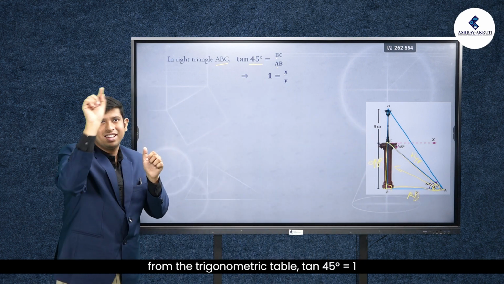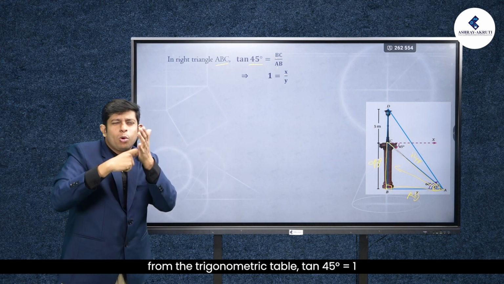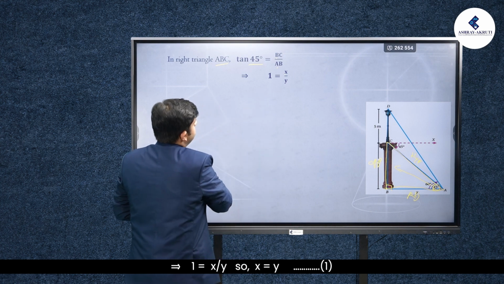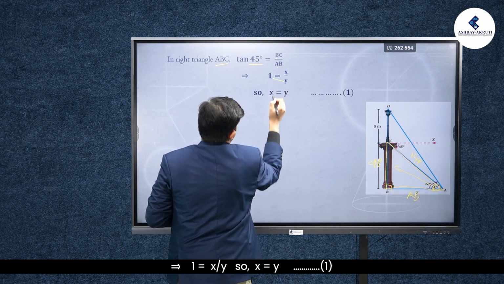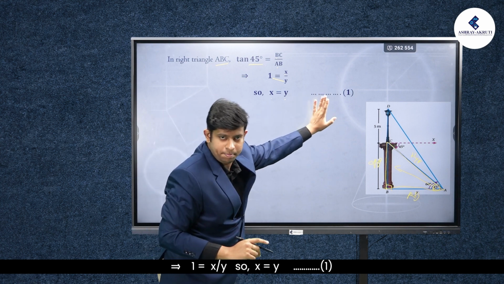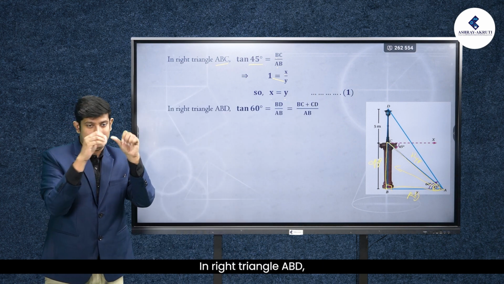From the trigonometric table, tan 45 degrees is equal to 1. That gives 1 is equal to x by y. So, x is equal to y. Consider it as 1.